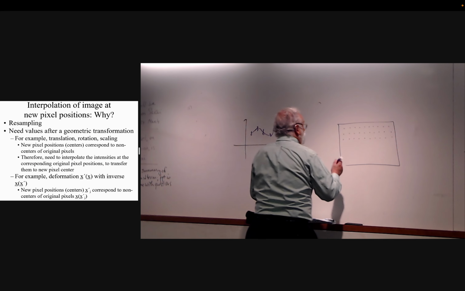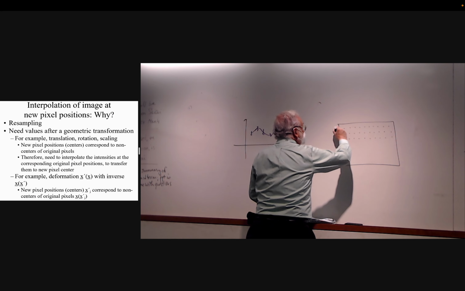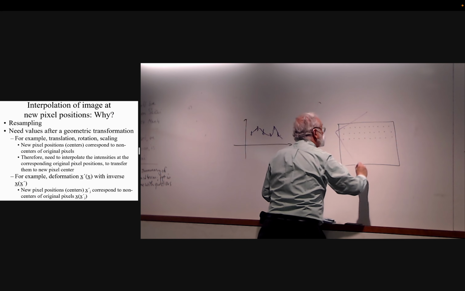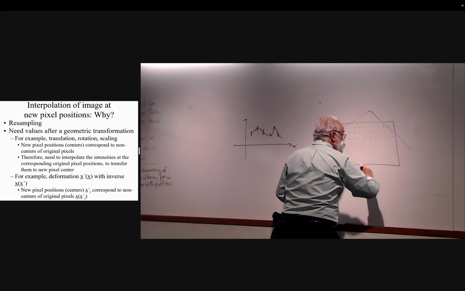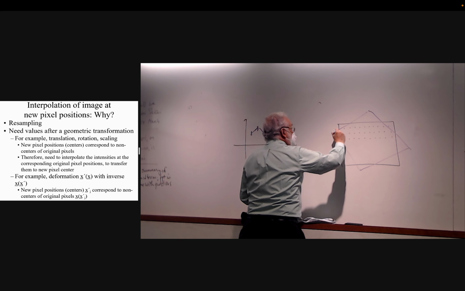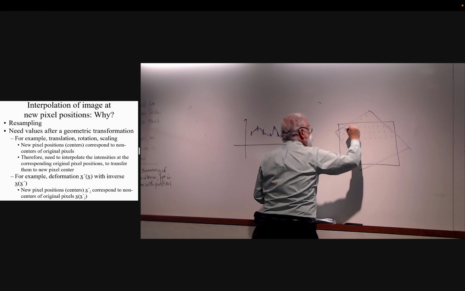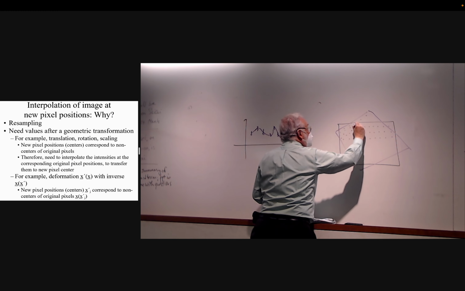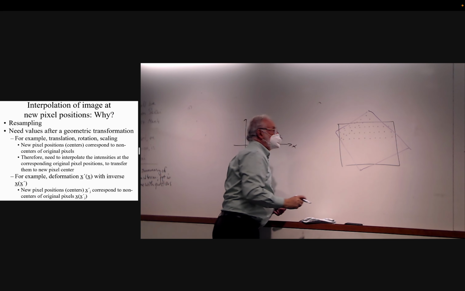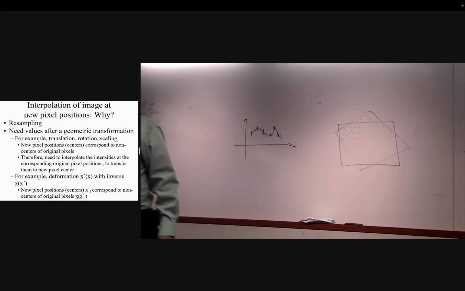But the idea is when we rotate the image, the rotated image is going to have pixels that are, and so on, right? And those blue pixels aren't at the places where the black pixels are.